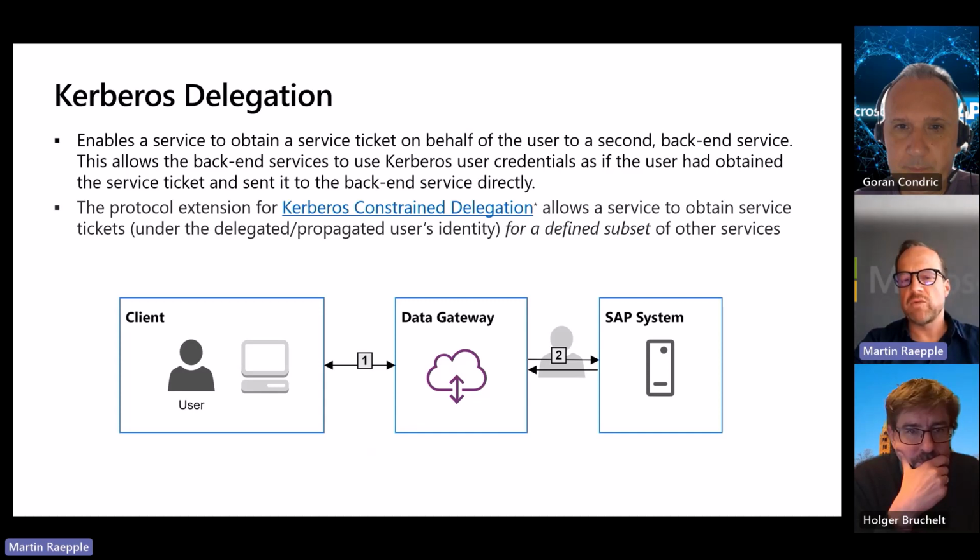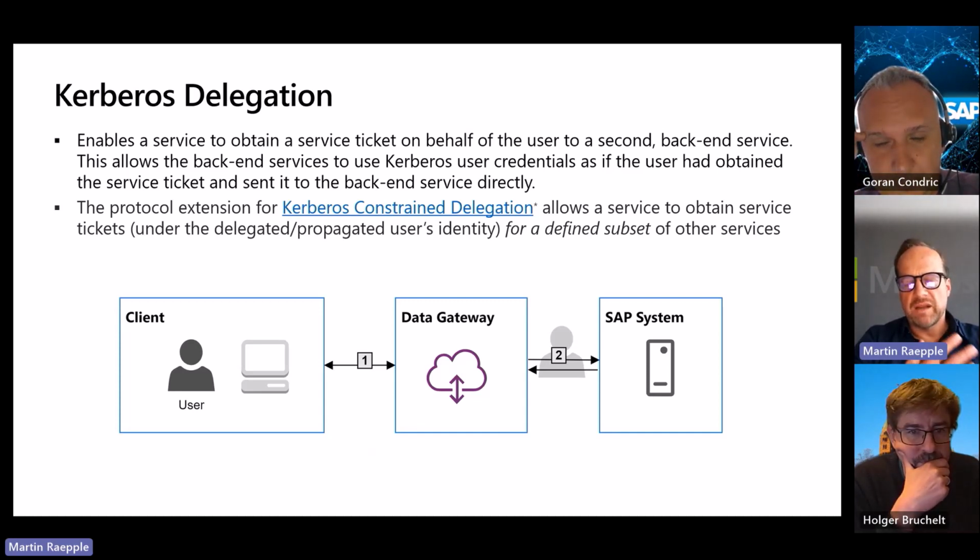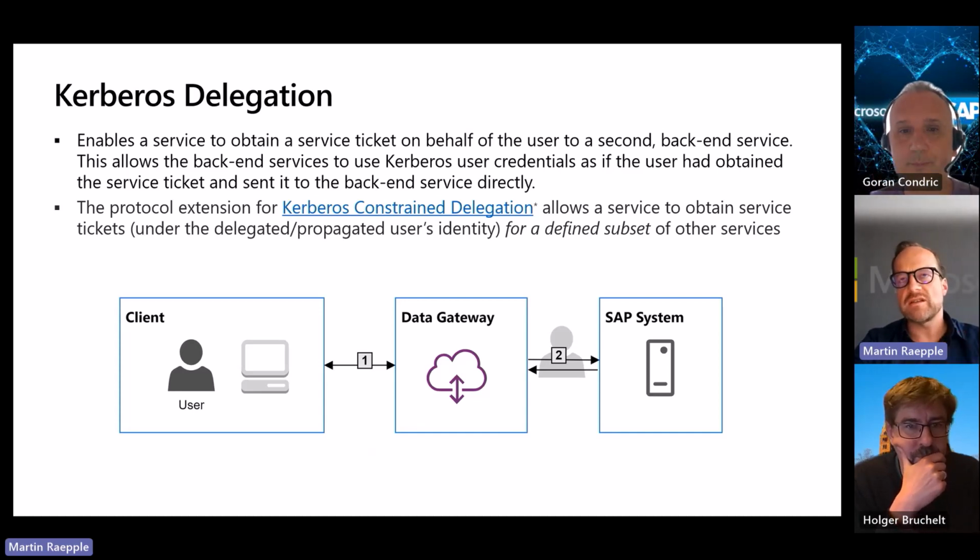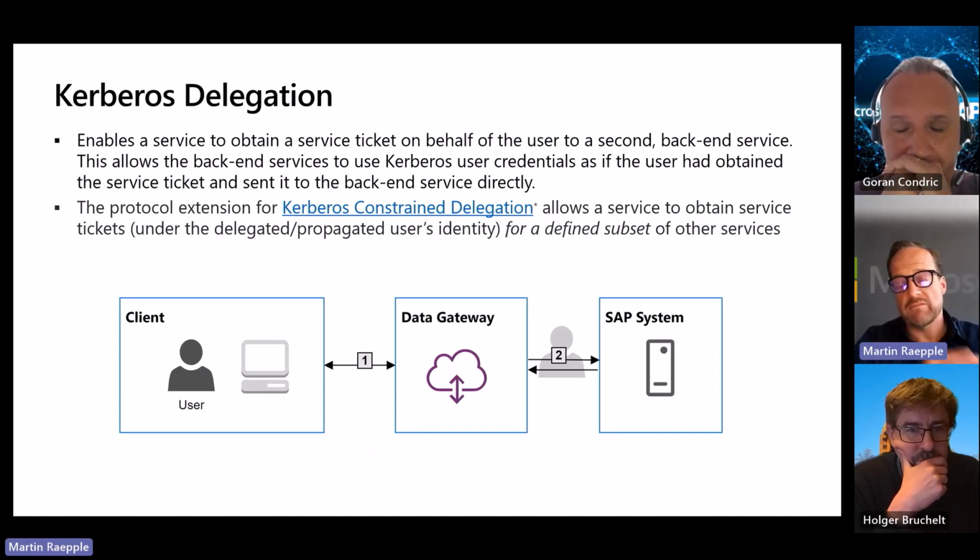But let me quickly give you a summary of what Kerberos delegation in general, and constrained delegation, means. It essentially means that a client that is able to obtain a Kerberos ticket from a key distribution center, such as Active Directory, presents that ticket to a so-called delegate, which is illustrated in this picture here as the data gateway.